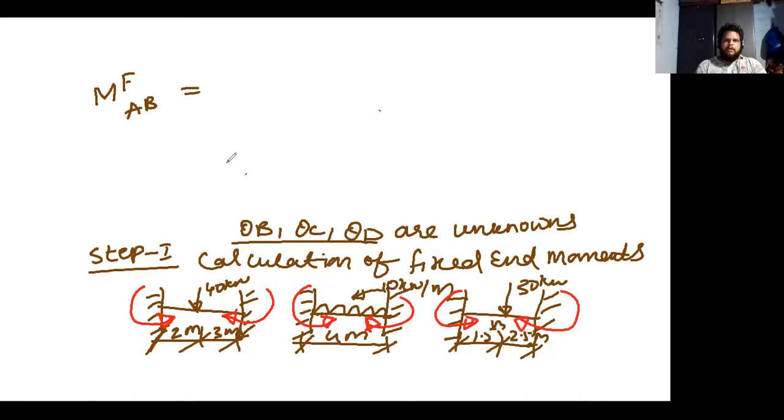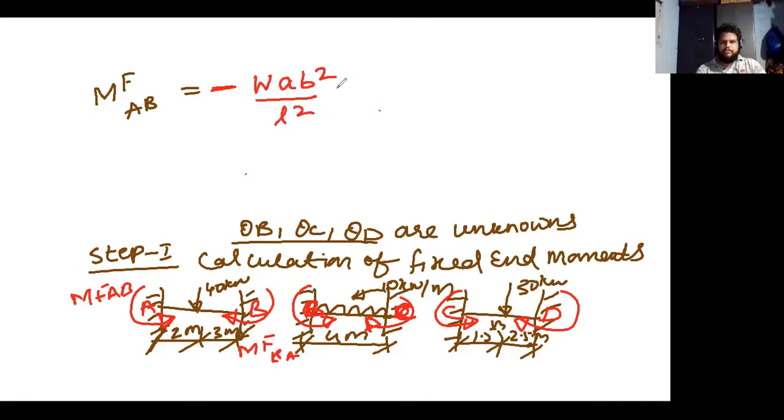Now, MFAB is how much? Minus, because this direction is anti-clockwise, that is the reason I am taking the sign as minus. And the clockwise one will become MFBA. Let me write A, B, B, C, and C, D. MFAB equals minus W a b square by L square.